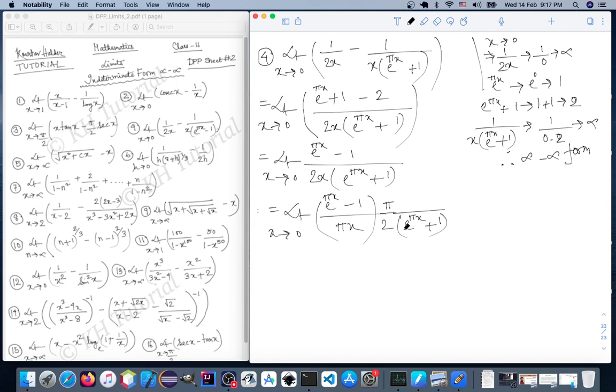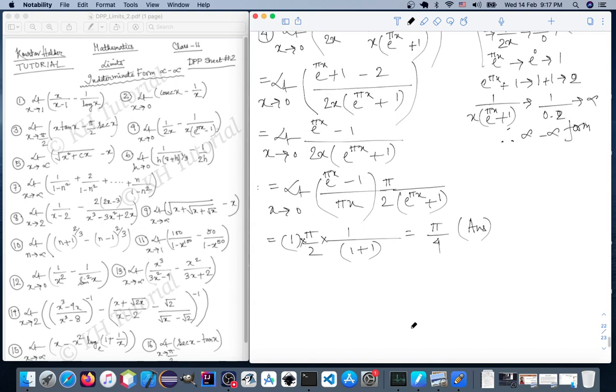So this becomes 1, pi by 2, to the power pi x when x is 0. This becomes 1 plus 1. So the answer is pi by 4. Okay, so let's move to the next question.